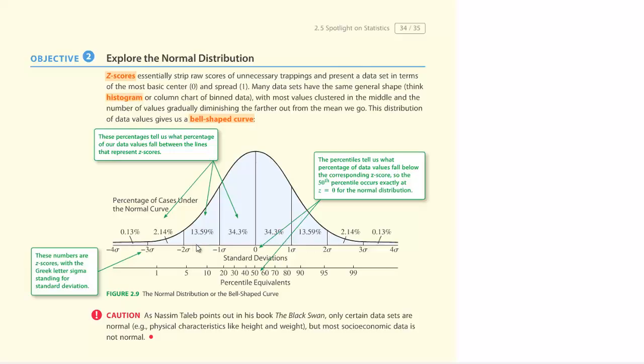If you go two standard deviations in both directions, that's roughly 95% of the data. And if you go three standard deviations in both directions, that's roughly 99.7%. So we also talk about 68, 95, 99.7 as being how much of the data is within one, two, and three standard deviations, i.e. z-scores, in both directions.